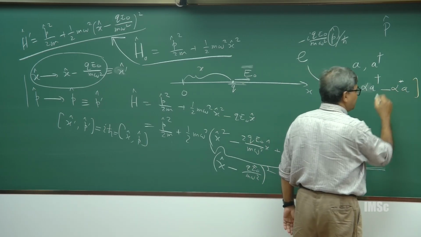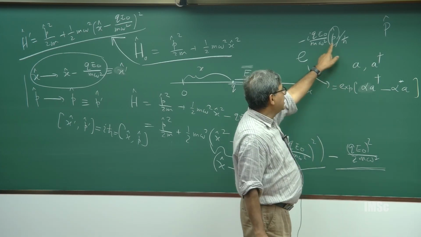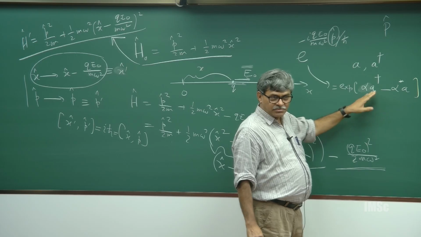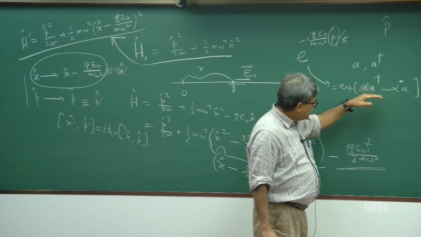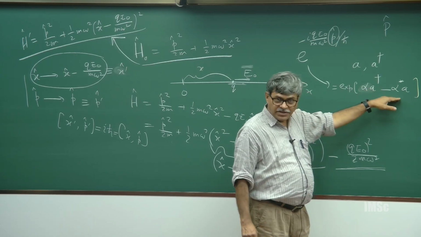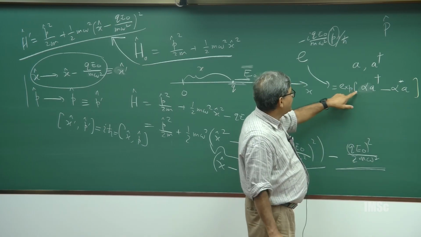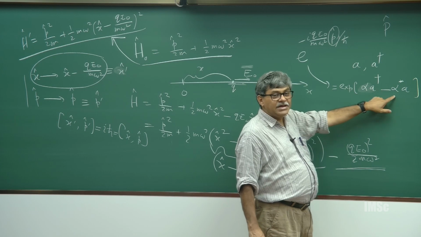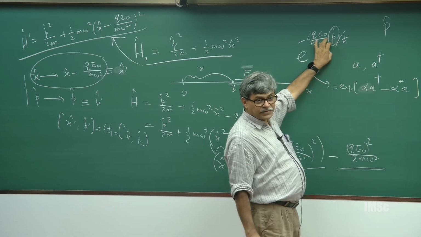Now, why this specific form? If you write this P in terms of A and A dagger, you will get this one. It is a very specific form. In fact, here you will see that this alpha will be basically a real number for this case.